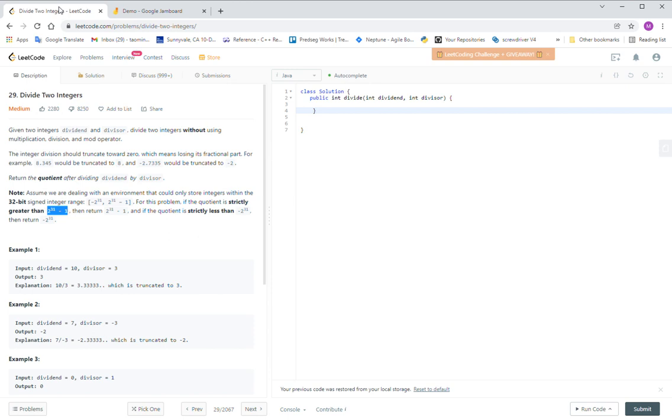So first we need to handle the return value. So we need to decide return is positive or negative.